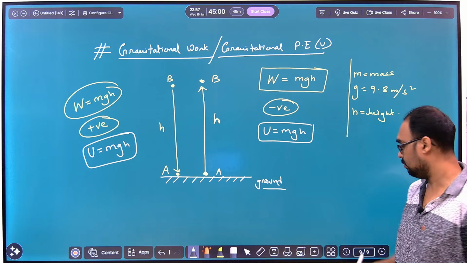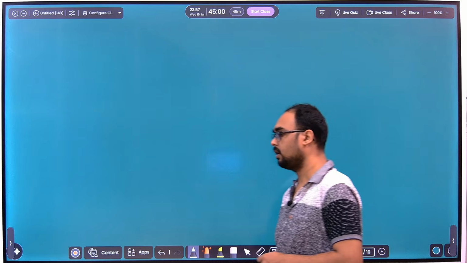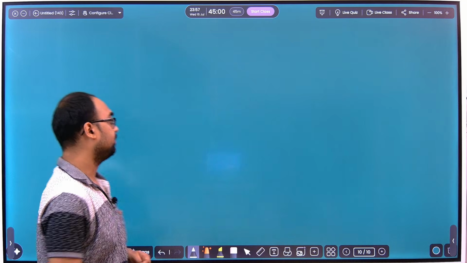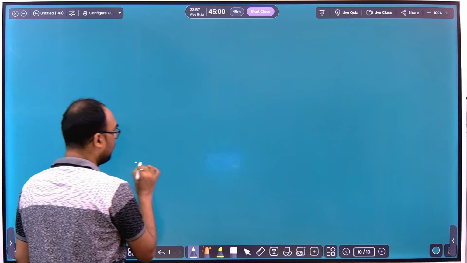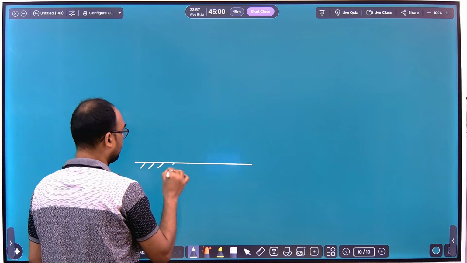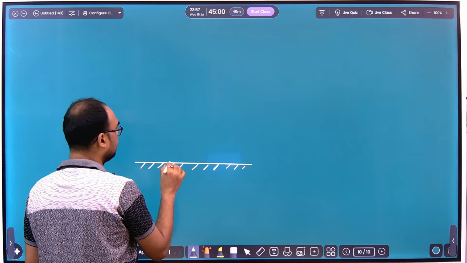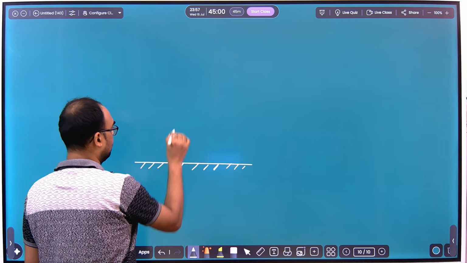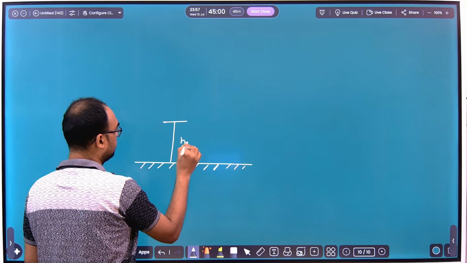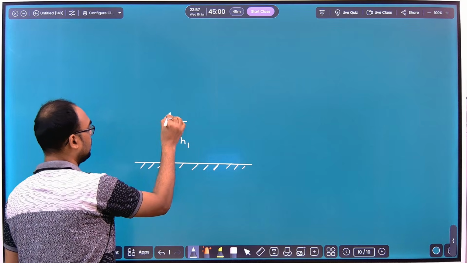Okay, now next. Let's say a body was initially not at the ground but at a certain height h1.